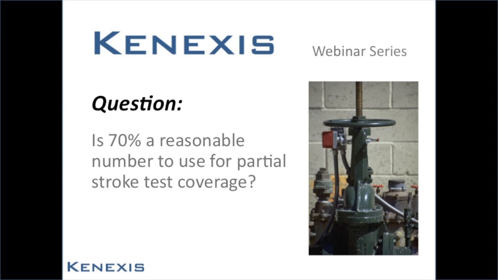And if we're talking about something clean, like buying natural gas from the city for your fired heaters, 70 is an easy target to achieve there. You might even want to go higher than that.